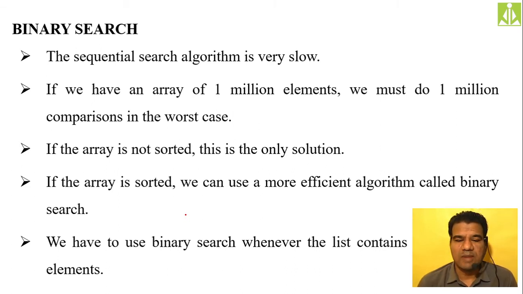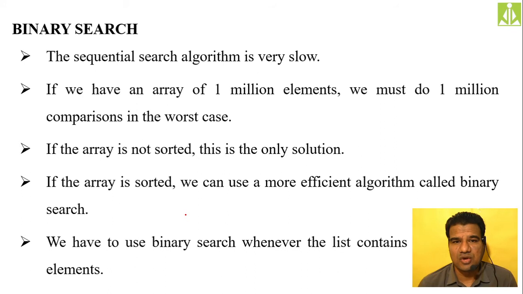Okay, so in binary search, the sequential search algorithm is very slow, and we cannot apply the sequential search algorithm to more frequently searched lists. And if the list is in an ordered manner, then there is no point in going for sequential search. We can go for the binary search algorithm. So when can we apply it? If the list size is too large for sequential search, then we have to go for binary search.